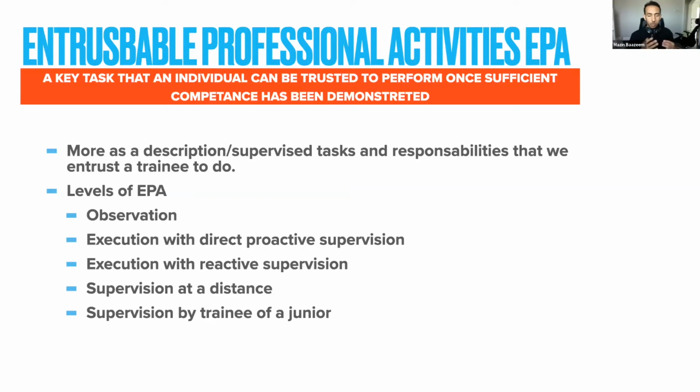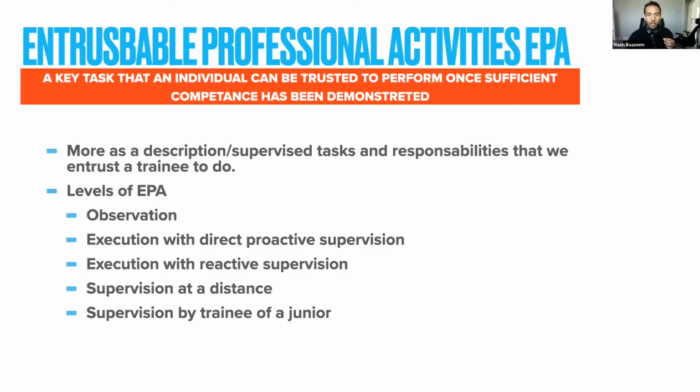These are actually more descriptive and supervised tasks and responsibilities that we entrust the trainee to do, and we tend to give them a specific level for entrustable professional activities. We start by observation, then direct proactive supervision, then reactive supervision, and then supervision at a distance, and then they will be able to do it themselves or actually train a junior.